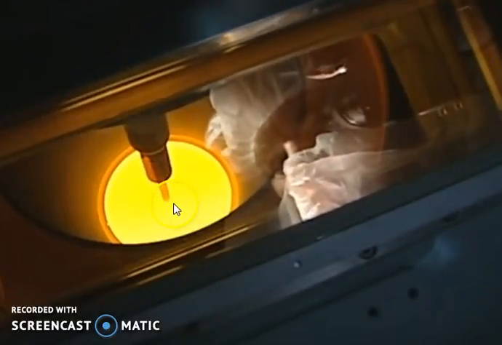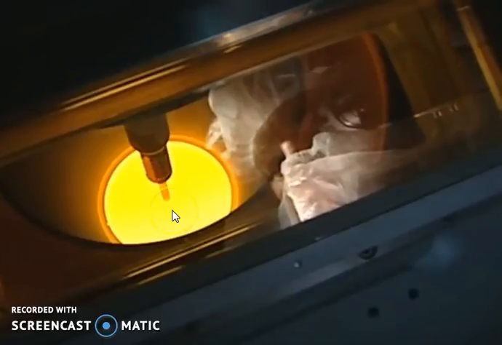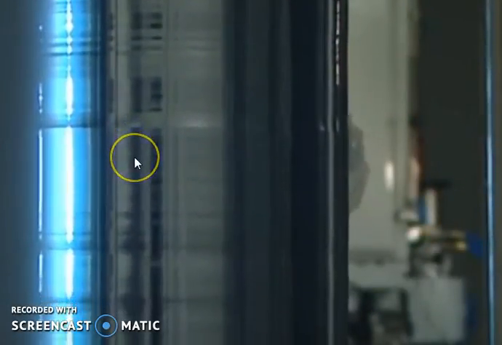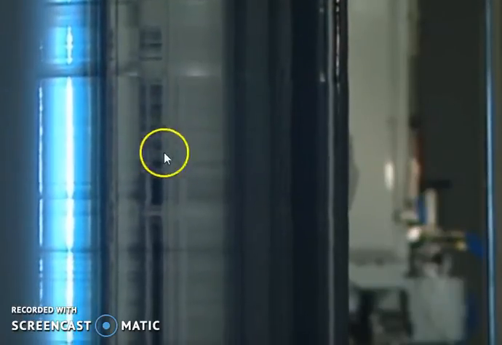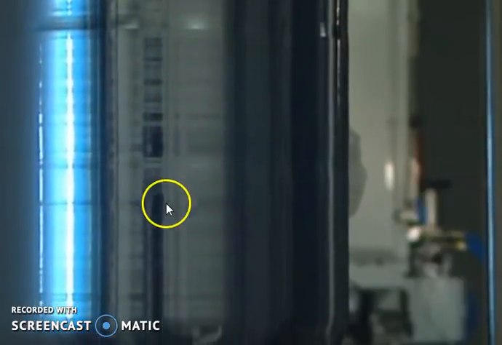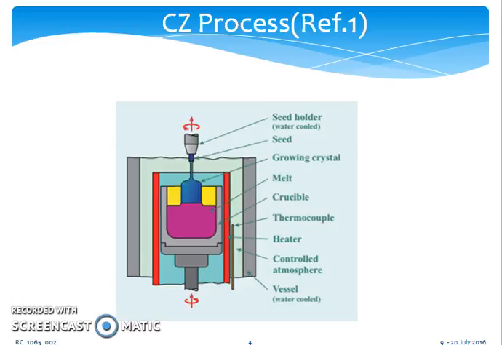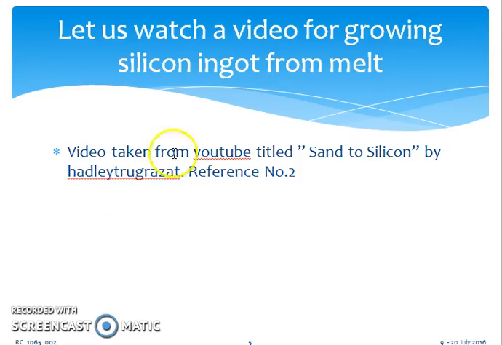That's the melt. And that's the solid silicon which has been formed after the CZ process is over. This is called the ingot or the boule. Right? Now next, this video was taken from YouTube titled Sand to Silicon. The reference has been given in the reference slide.